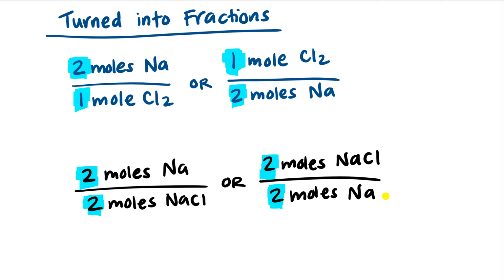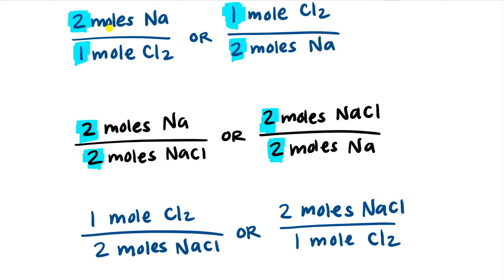Now there's one more type of fraction we could write, and that's involving the chlorine and the sodium chloride. So we're going to put the coefficient of 1 mole of chlorine over the coefficient for the sodium chloride, 2 moles of sodium chloride, or flip it around and get our other fraction possibility. Now you see all the combinations of fractions that we could have for this balanced equation.